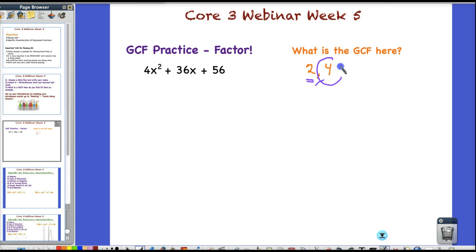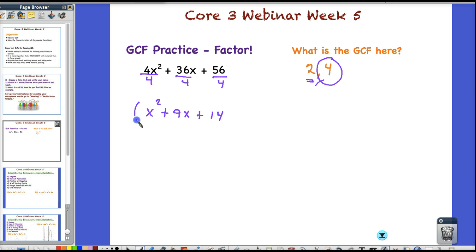So if we choose 4, we need to make sure that we can divide all of these terms by 4. Well, 4 goes into 4 once and leaves x squared. 4 goes into 36 9 times and leaves x. And 4 goes into 56 14 times, I believe.